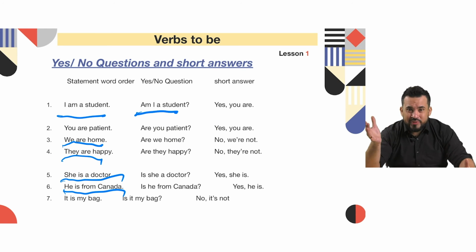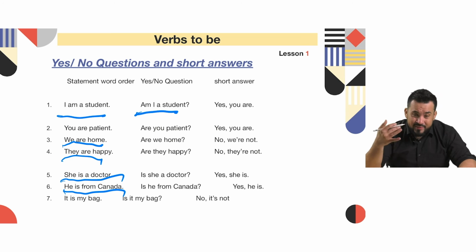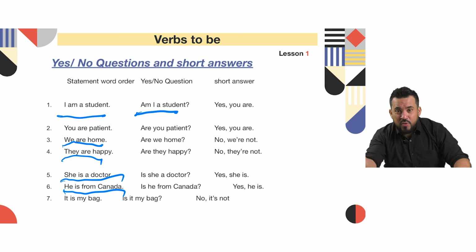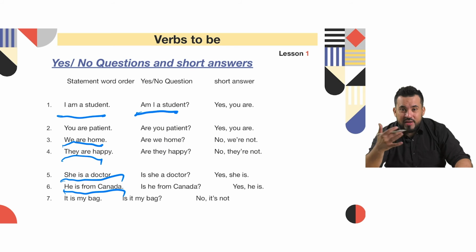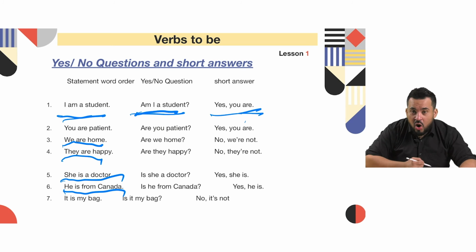Now, what is a short answer? Short answer is basically we use the same verb to be that comes in the question and we repeat it with either yes or no. Except for am. With am, we will use are. I am a student. Am I a student? Yes, you are. No, you aren't. Why do we use are here? Because we have you.